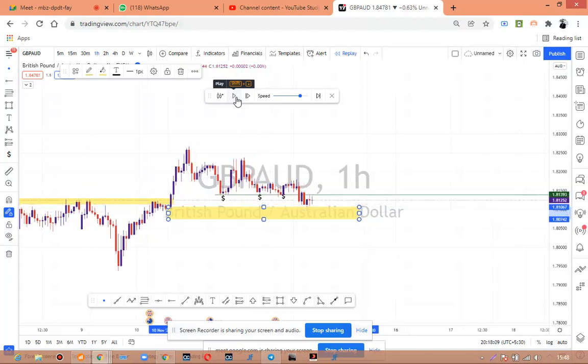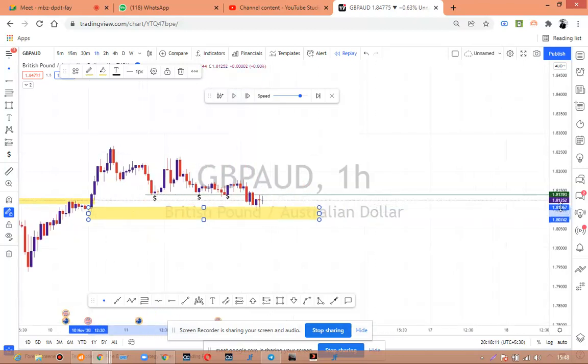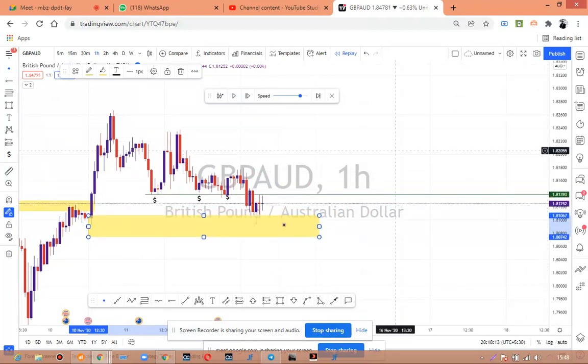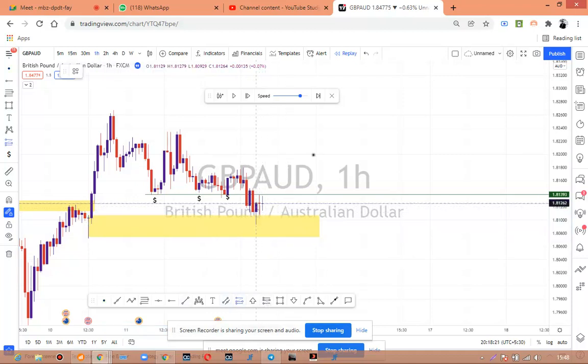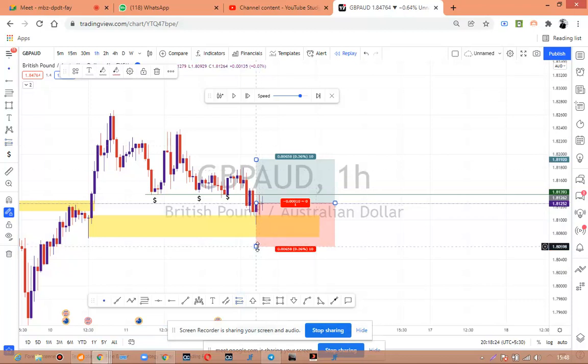Okay, now the market has touched the demand zone. Where is our confirmation candle? This candle got rejection from the zone. That is our confirmation candle. So let's say we took a trade at the closing of the candle. Our stop loss should be below structure.